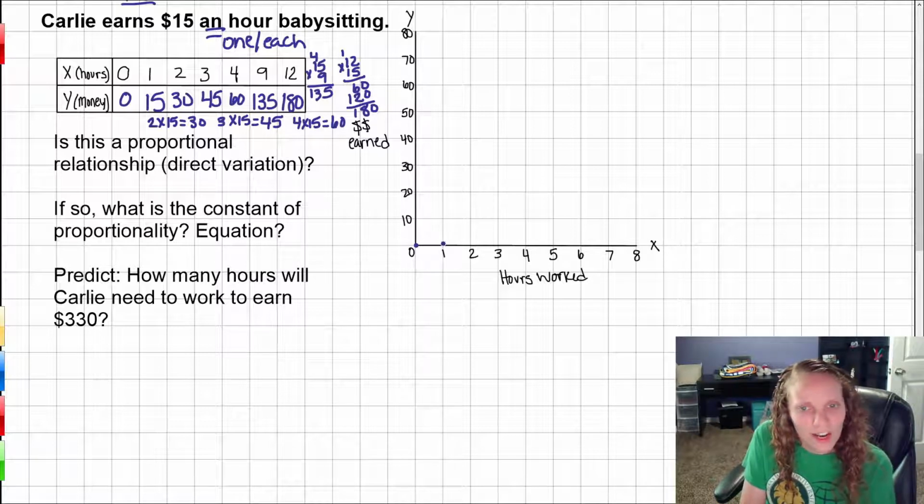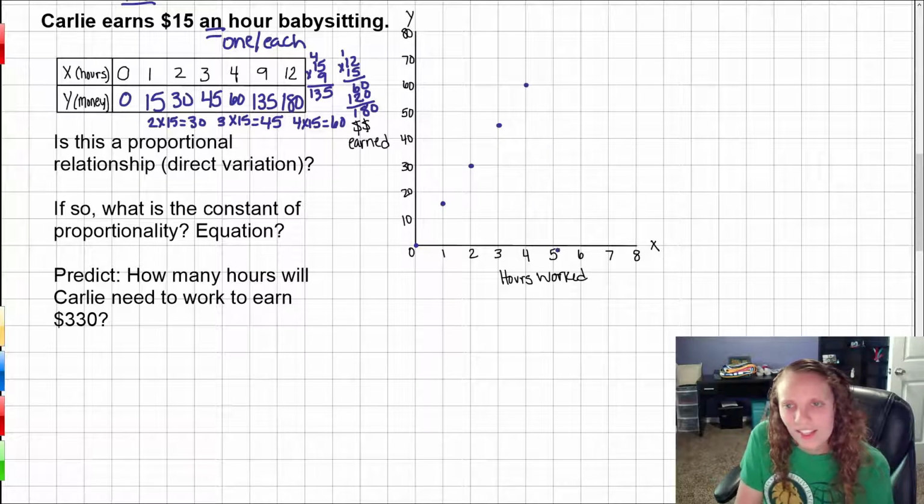And then at 1 hour, she has $15. 2 hours would be 30. 3 hours is 45. 4 hours would be 60. And then it kind of jumps ahead, so to continue this pattern, 5 hours would be 75.